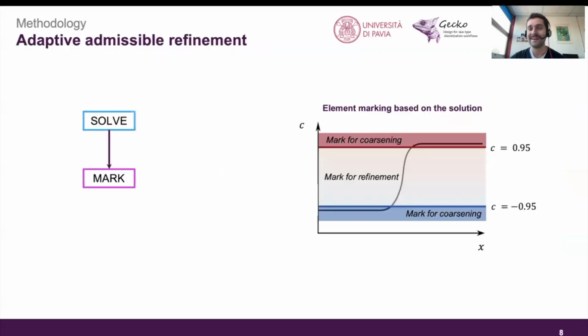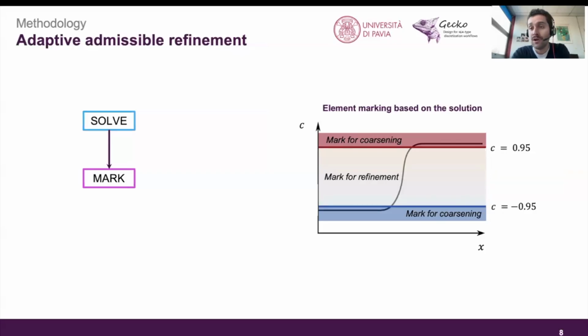So now, since we have the basis for having local refinements wherever they are needed, I will also give a few notes on the adaptive admissible refinement loop that we use.